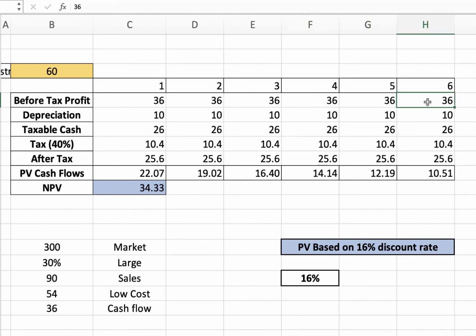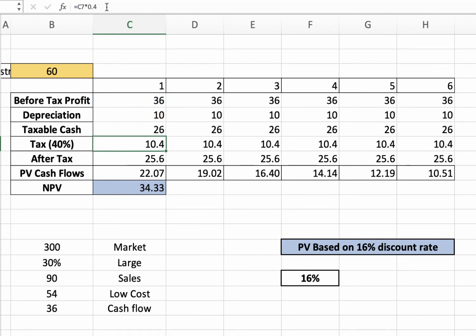And this is sometimes called our gross profit, or I have it labeled here before tax profit, because that's the only thing that we're taking away other than our discounting. So remember from our case, straight line depreciation of our $60 million investment. So that's 10 million a year, making our taxable cash for the best case 36 minus 10, or 26 million a year.